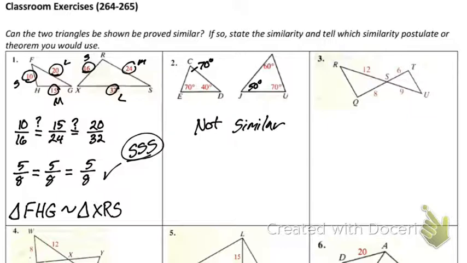Let's go ahead and do the rest. You're going to do the rest on your own if you haven't already. Remember, it's not a race. Do it as correctly as possible. Angle needs to be between two sides, right?